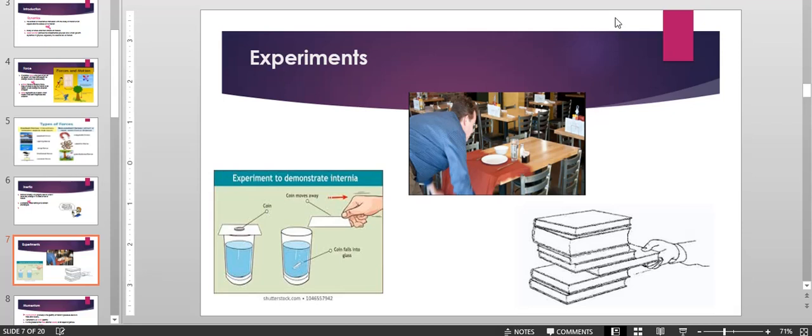This is also because of the property of inertia. Or, if you try to remove gently one book from a huge pile of books, the books will not fall. This is also because of inertia.